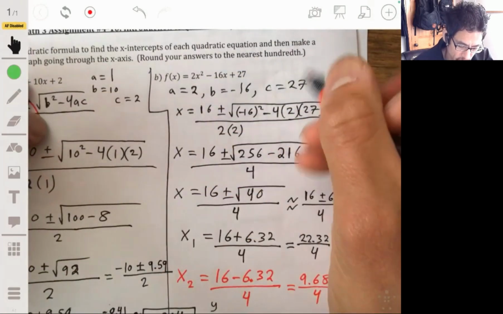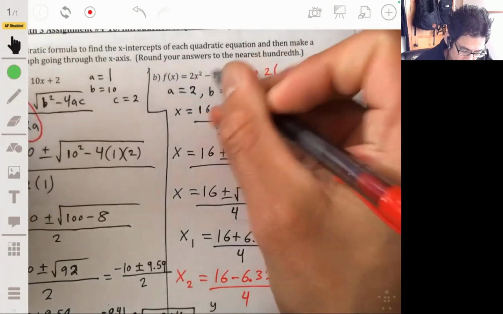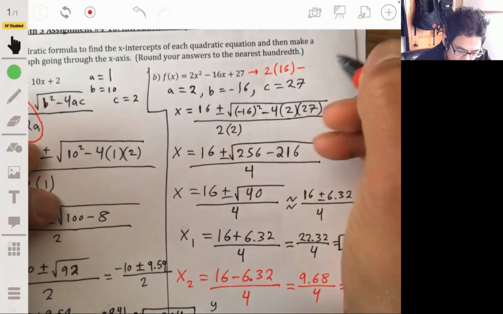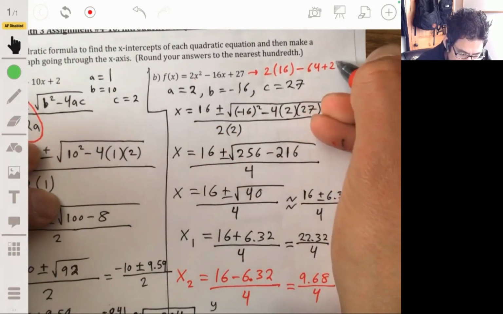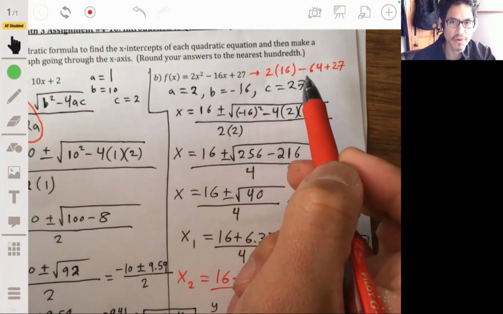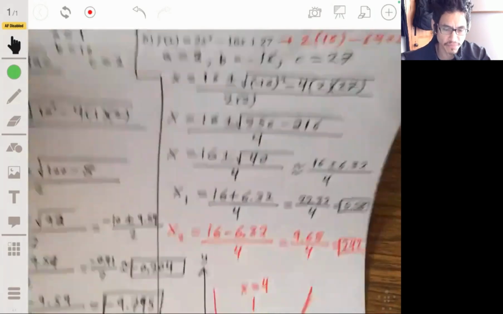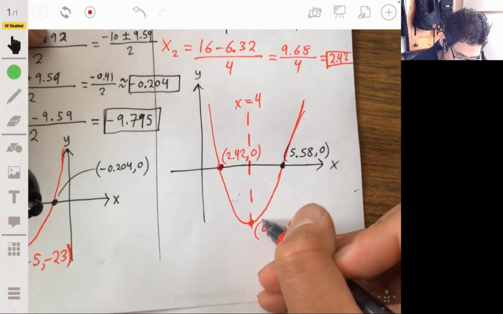We get f of 4 would be 2 times 16, because 4 squared is 16, minus 16 times 4, minus 64, plus 27. I'm doing a lot of this in my head. So 32 minus 64 is negative 32. Negative 32 plus 27 is negative 5. So we'll get the y value at negative 5 for the vertex.